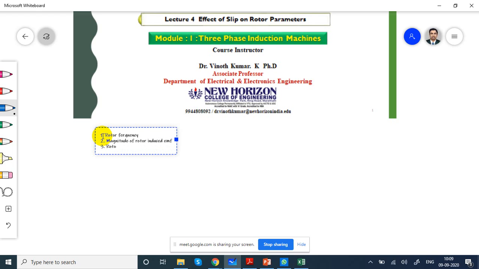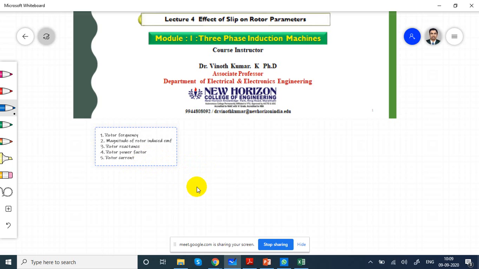Third parameter, rotor reactance. Fourth one, rotor power factor. Fifth one, rotor current. So these are the 5 parameters which we are going to discuss in this lecture.